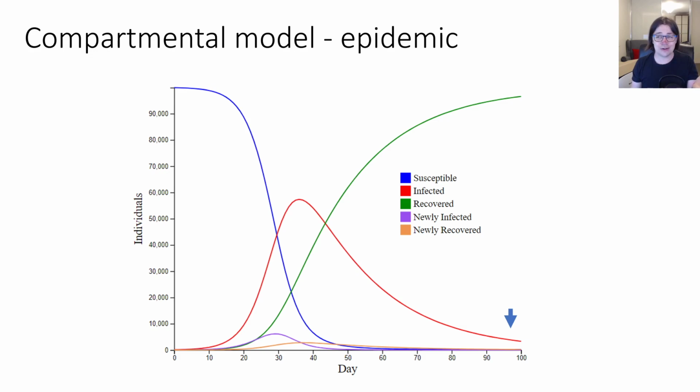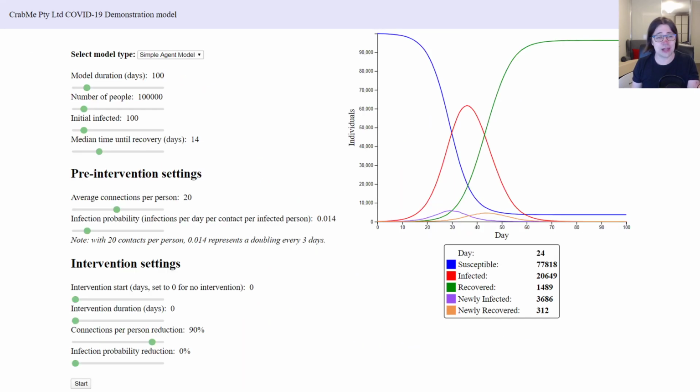I also used the simple agent model to, once again, same duration, same number of people, but this time instead of the rate at which infected people infect susceptible people, we have an average number of connections per person and the infection probability per connection per person per day.